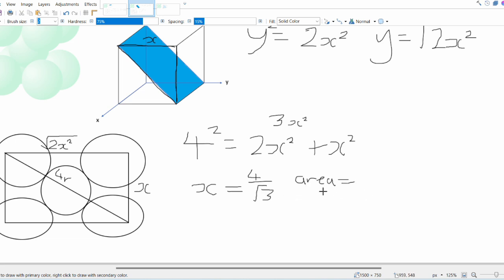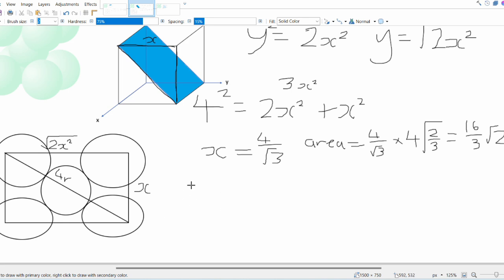That means the area should be equal to 4 over root 3 times 4 over root 3 to get 4 root 2 over 3, which should equal 16 over 3 root 2.